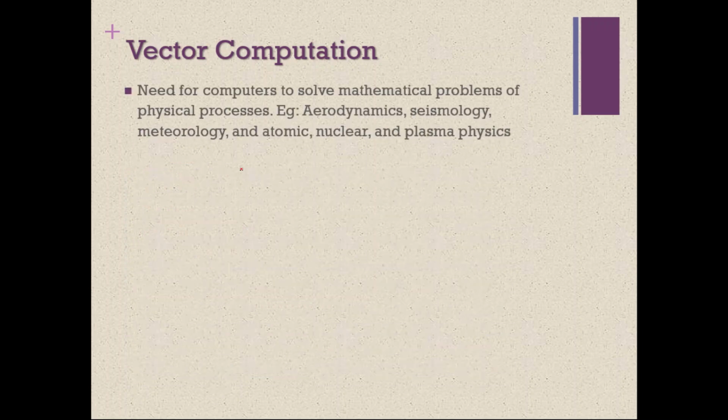There is always a need for computers to solve mathematical problems of physical processes. Physical processes are the processes appearing in nature. People always want to study nature, which has existed since humans were on earth.